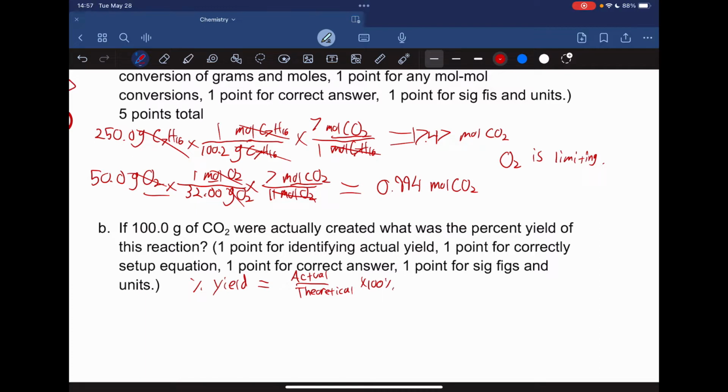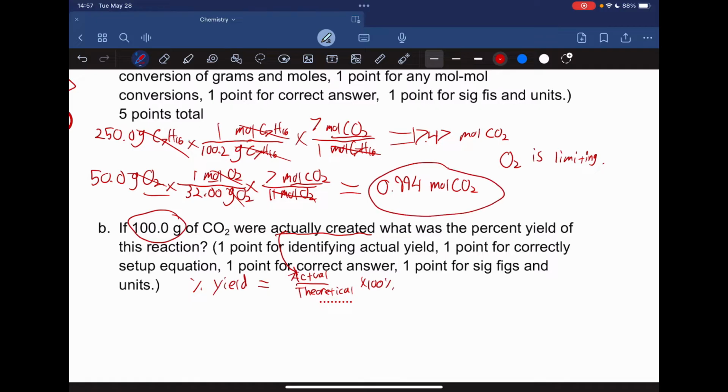The 100 grams of CO2 were actually created. So that's our actual yield. The theoretical, though, is how much should have been created. For that one, we need to consult the previous answer.